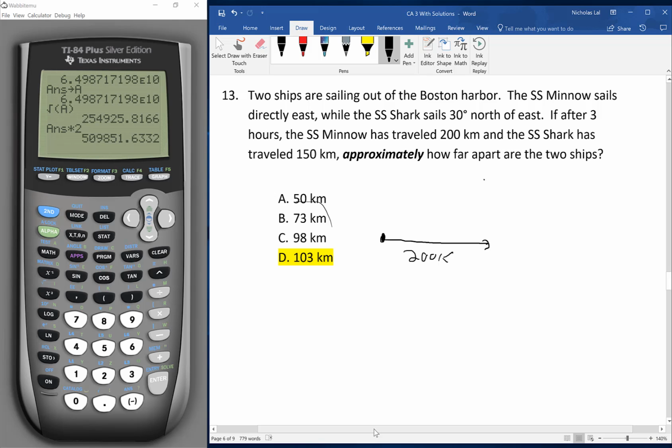The shark travels 30 degrees north of east, so we go 30 degrees north of east, and travels 150 kilometers. All right. So how far apart are these two ships after this time? And find this length.